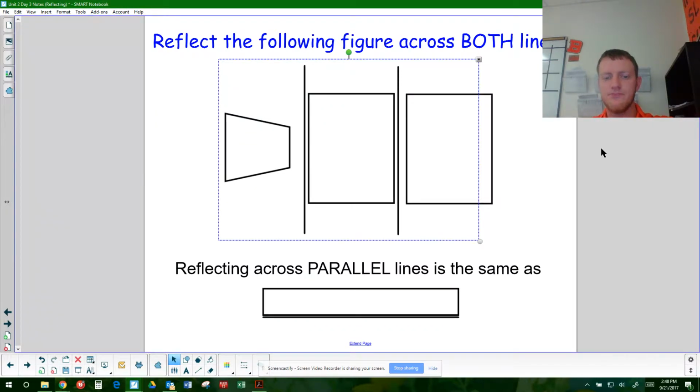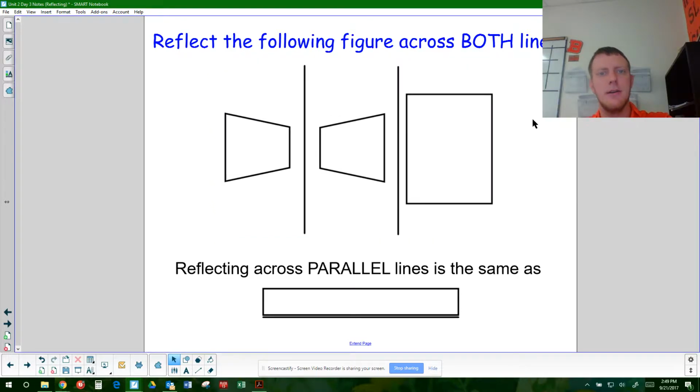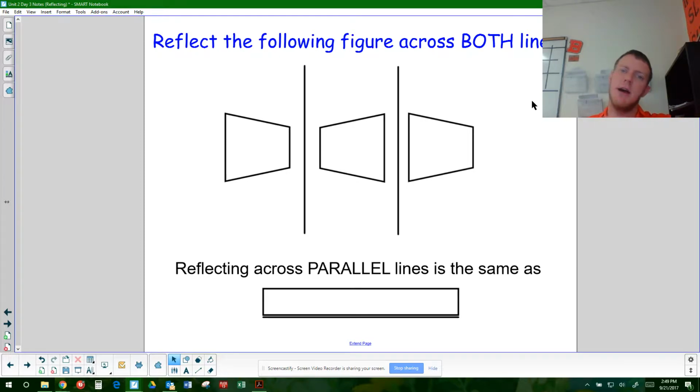All right. First one should look like that. Second one should look like that. So I'll ask you this, and you're going to want to remember this one for the test. Reflecting across parallel lines is the same as doing what? So if we take out this middle one, if I can, I don't think I can. Nope. All right, can't do it.